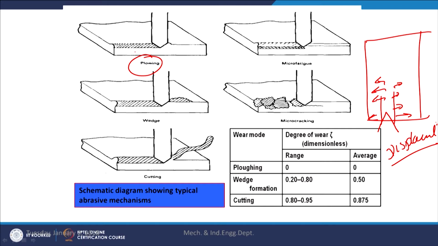So, this is what we can see, this material is being displaced by the hard particle which is rubbing the surface, and this displaced material may look like this, where this is the kind of groove which has been formed, and this has been displaced sidewise like this.